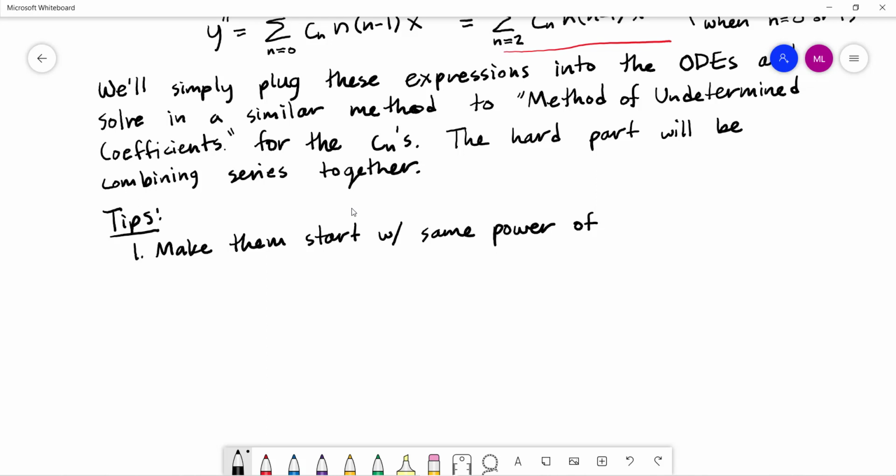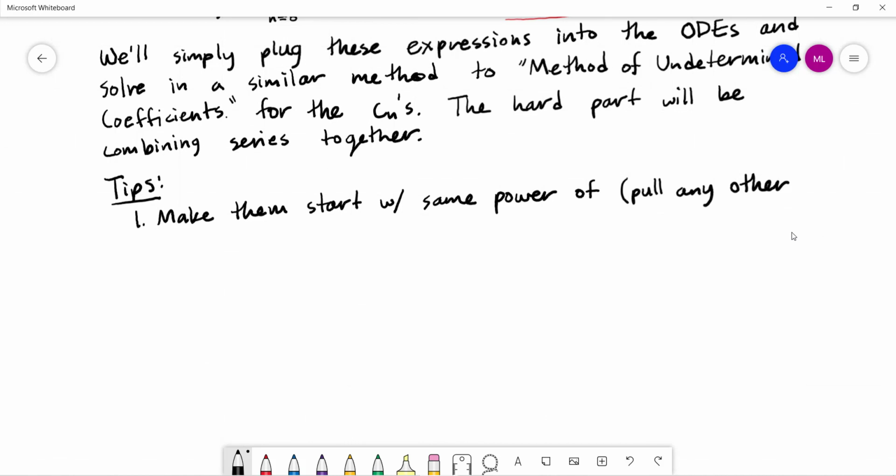You want to make them both start with x, and that constant that only showed up in one of the two should be pulled outside of the series. So basically, any terms that don't show up in both, pull them outside of the series so that we can make the two series look the same, start at the same value. So pull any other terms out of this sum.